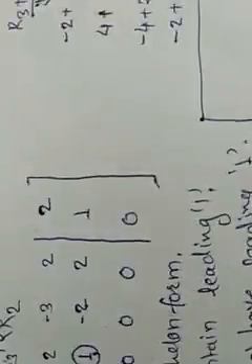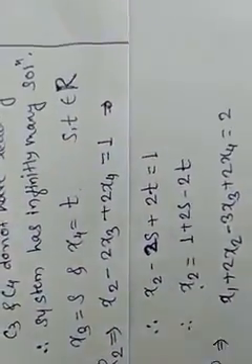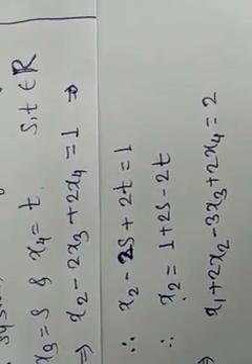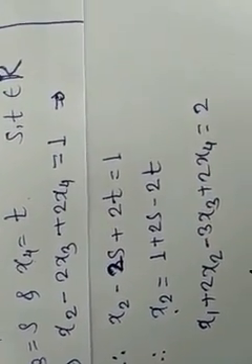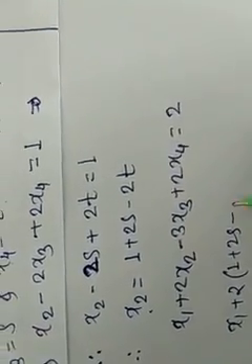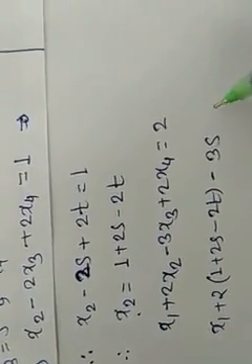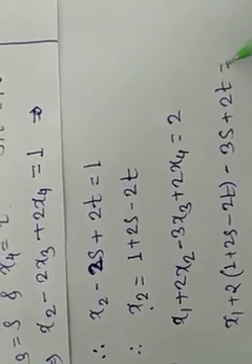And the last coefficient is plus 2x4, equal to 2. Substituting the values of x2, x3 and x4, we get x1 plus twice x2, which is 1 plus 2s minus 2t, minus 3 times x3, which is s, and twice t for x4, equal to 2.